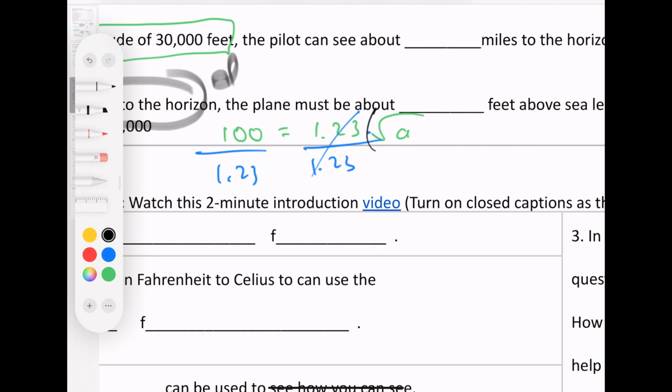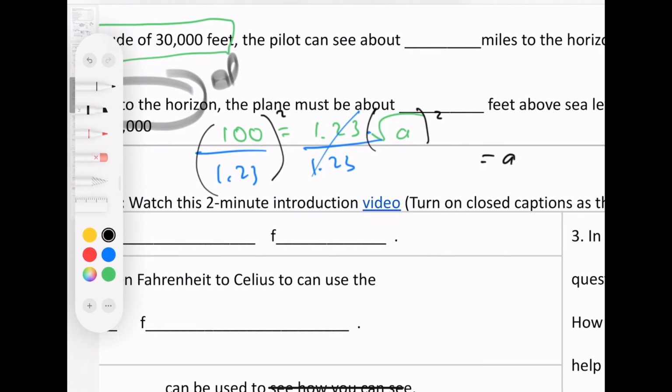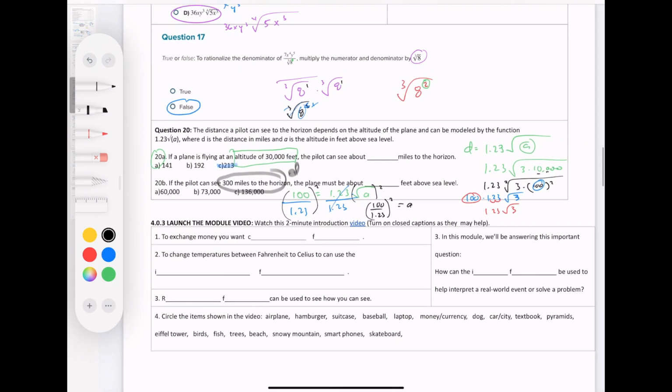And then I'm going to do a power of 2. That will equal my A value. So 100 divided by 1.23 gives me 81.3, and if I square that number, I'm going to get 66.